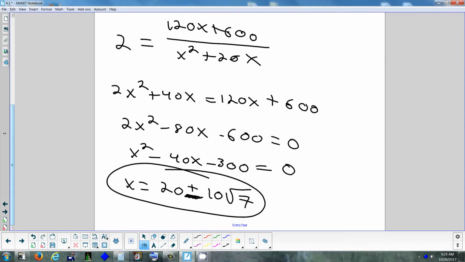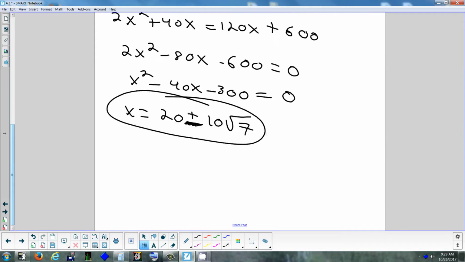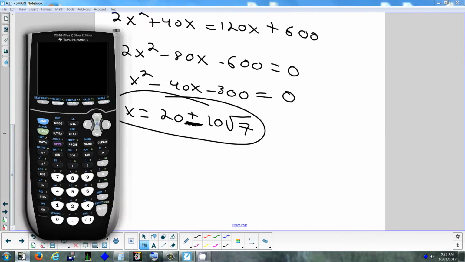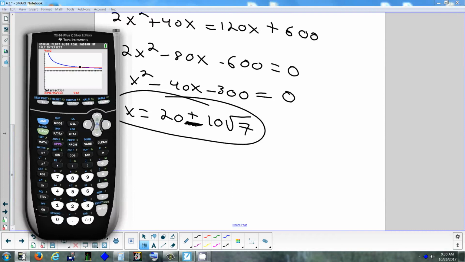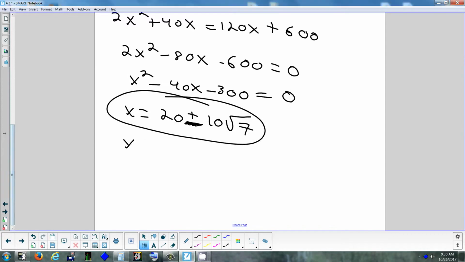If you do 20 minus 10 times the square root of 7, you're going to get a negative number. Let's check that and see if we get 46.46. 20 plus 10 square roots of 7, and you get 46.46. So you can get exactly the same answer using the quadratic formula.